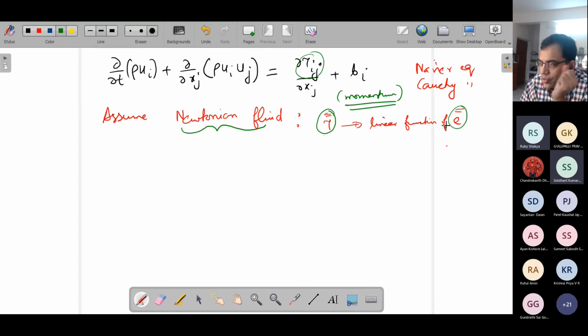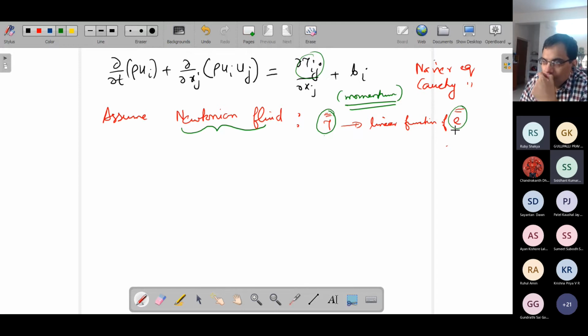There is a mapping between the second order and a second order tensor. That is what we should write, that linear mapping. You have to remember that when we had a vector that was mapped to another vector, it was mapped via a second order tensor.